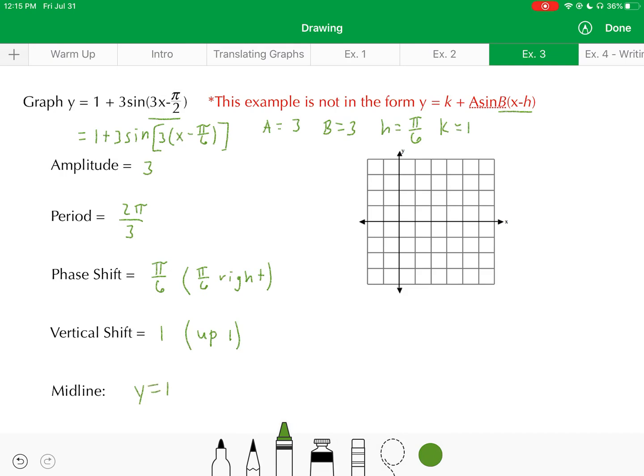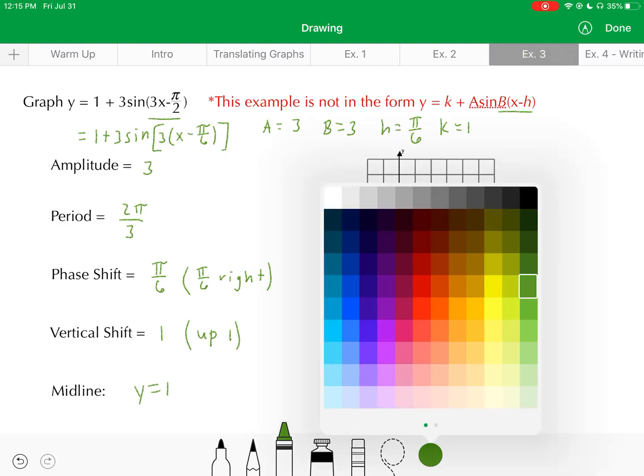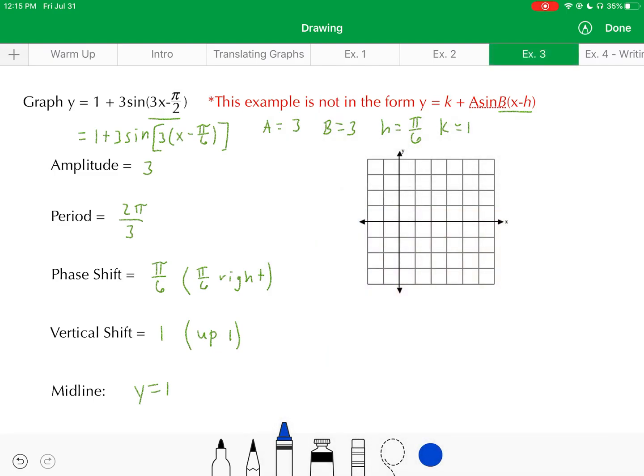Okay. All right, now notice the grid that I have supplied here, I don't have it labeled right now. And to me that's one of the main parts on this example we want to focus in on: how to properly label this based on the parameters of the equation, okay? It's all going to be based off period. So the period for this function is 2 pi over 3.